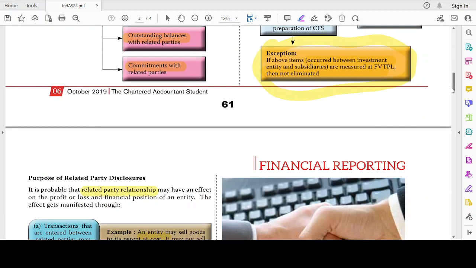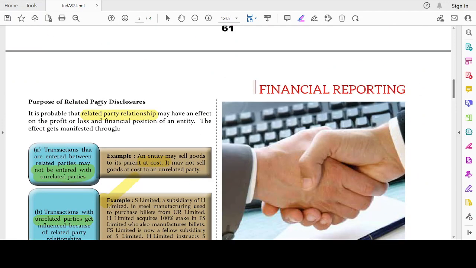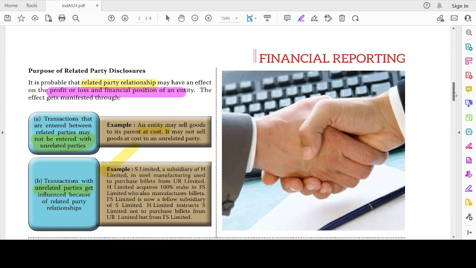Now, what is the purpose of related party disclosure? It is probable that the related party relationship may have an effect on the profit or loss or the financial position of the entity. The effect gets manifested through transactions that are entered into between related parties which may not be entered into with unrelated parties.